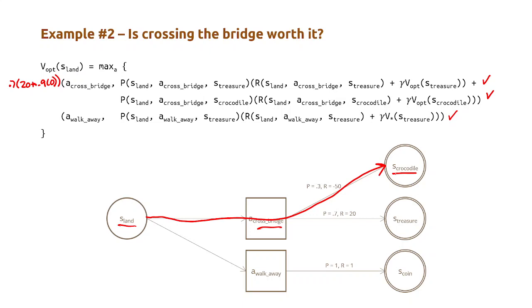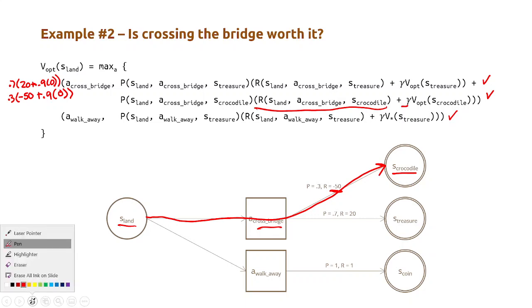It is 0.3. 0.3 times the reward of S land, cross bridge, crocodile, which is negative 50. So negative 50 plus our gamma, which is 0.9, times the value of S crocodile. The value of S crocodile is 0 because it is a goal state. Okay, good.